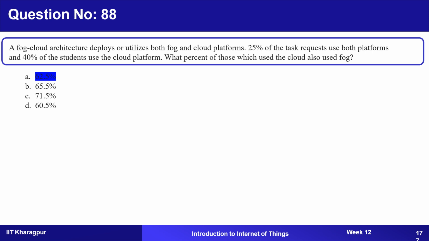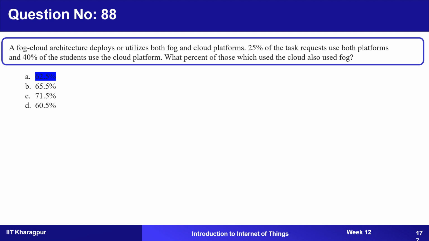But how 62.5? That is 25 and this is 40. Intersection is 25% and n of one technology is 40%. n of A union B equals n of A plus n of B minus n of A intersection, but it will not come to 62.5, no?